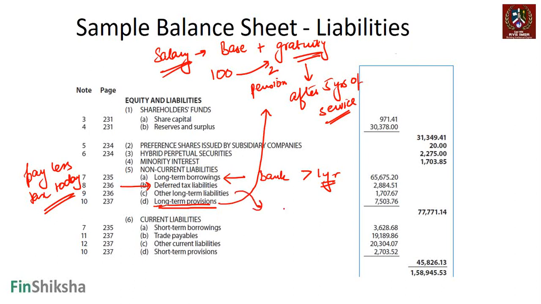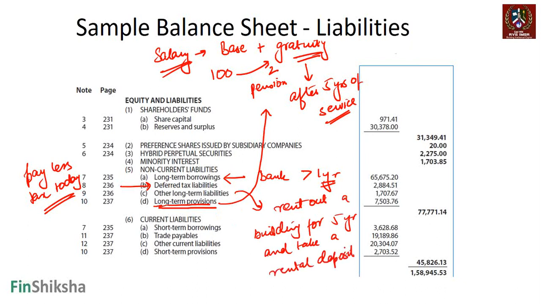Other long-term liabilities, let's say you rent out a building for 5 years, and you take a rental deposit, which is, let's say, 1000 crore or 100 crore or something, and you are going to pay this back once you end the lease agreement, right?